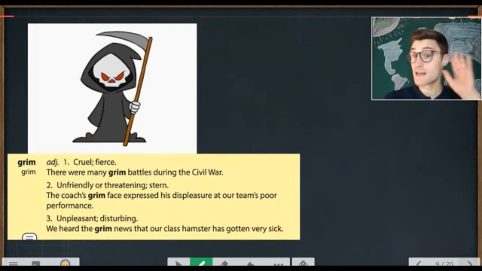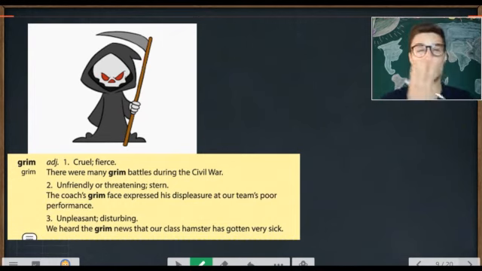Next up, it's grim. Great. Don't be grim. Grim has 3 adjective meanings. First, grim is used to describe something which is cruel or fierce. Secondly, it's used to describe something which is unfriendly or threatening, stern.